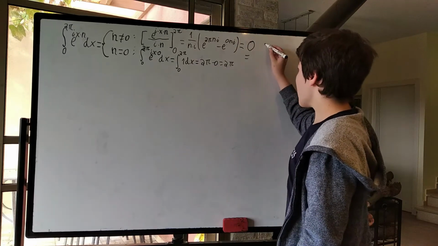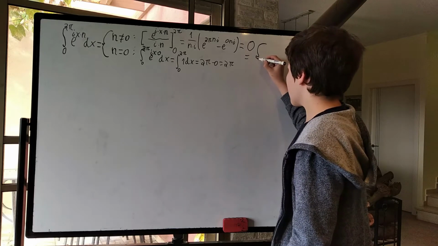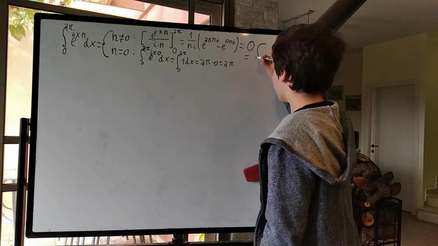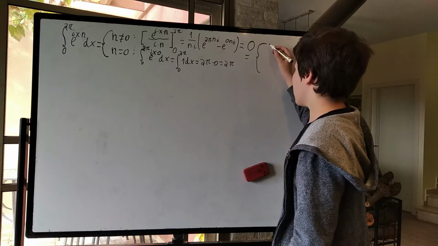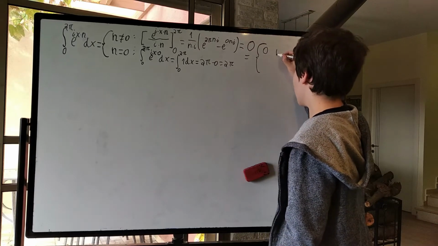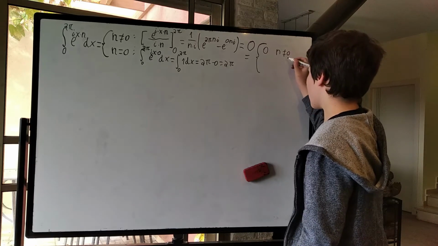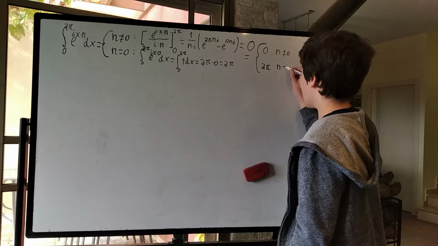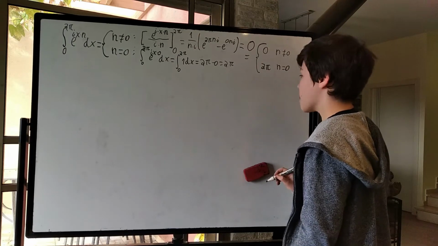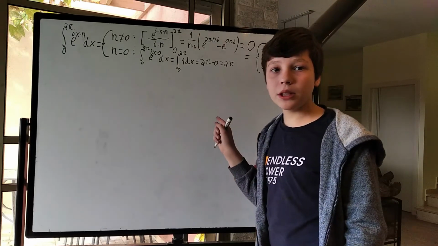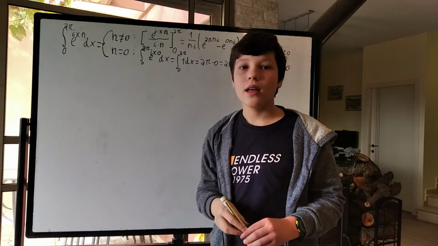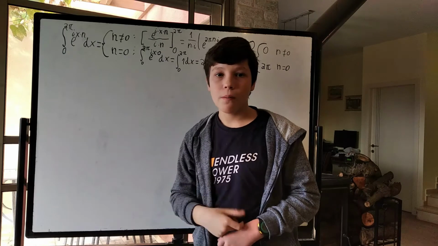So, to summarize, this is equal to 0 when n is different than 0, and to 2 pi when n is equal to 0. That was our second establishment. Now let's go on to actually finding the integral, the goal.